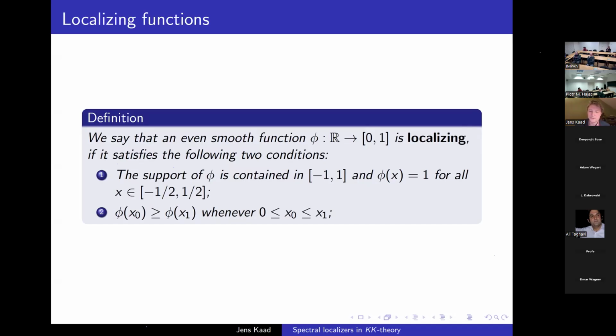And on the closed interval from -1/2 to 1/2, my function has to be constant equal to 1. And then one more condition, namely that my localizing function has to be softly decreasing on the non-negative half line. So if I have inputs x0 and x1 which are non-negative, and x1 is larger than or equal to x0, when I apply my localizing function, it's going to reverse this inequality. So it's softly decreasing on the non-negative half line.